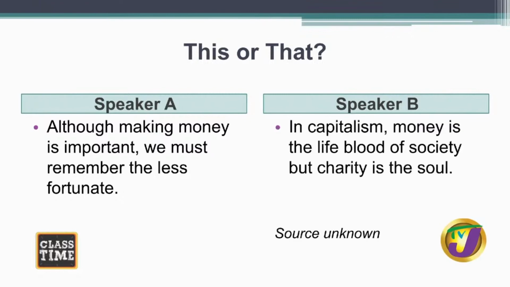Look at this metaphor. In capitalism, money is the lifeblood of society, but charity is the soul. Same idea being conveyed in both statements. Same idea. However, one has done so in a more poetic manner, in a more creative manner.